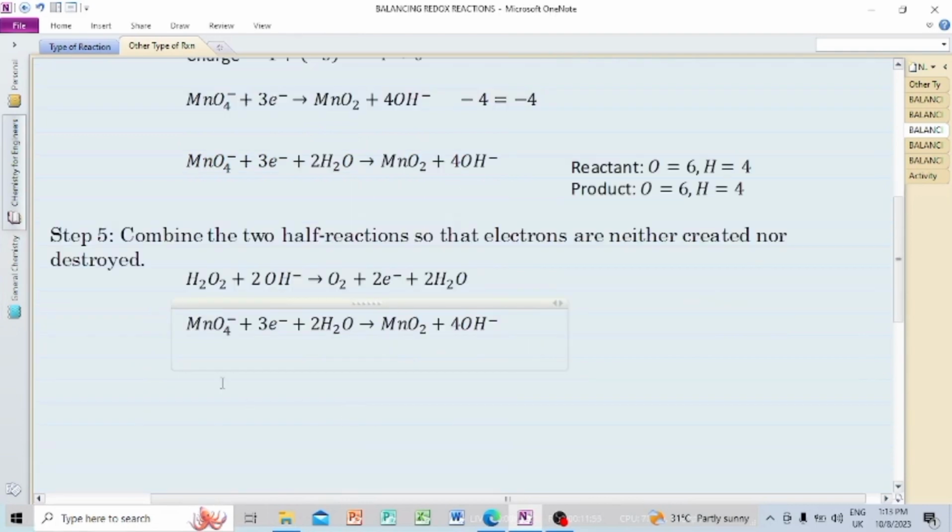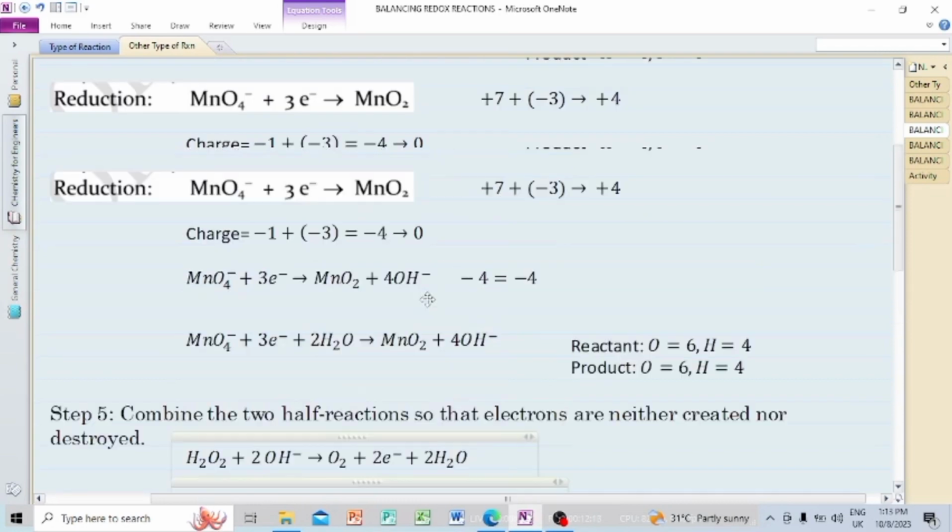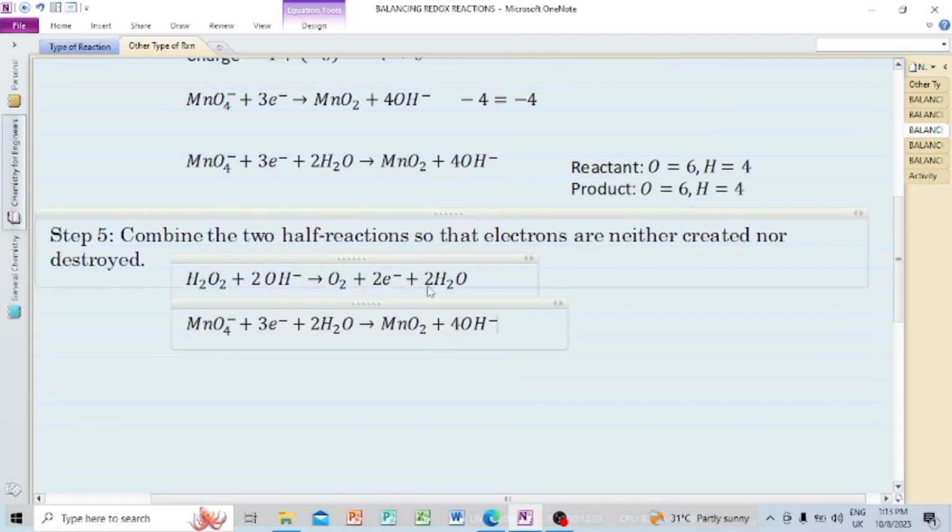Okay, so just equalize the electron transfer, di ba? For the balancing acidic solution, inequalize natin yung electron transfer. Na inequalize, ibig sabihin, the number of electrons on the oxidation reaction must be equal to the number of electrons on the reduction reaction.